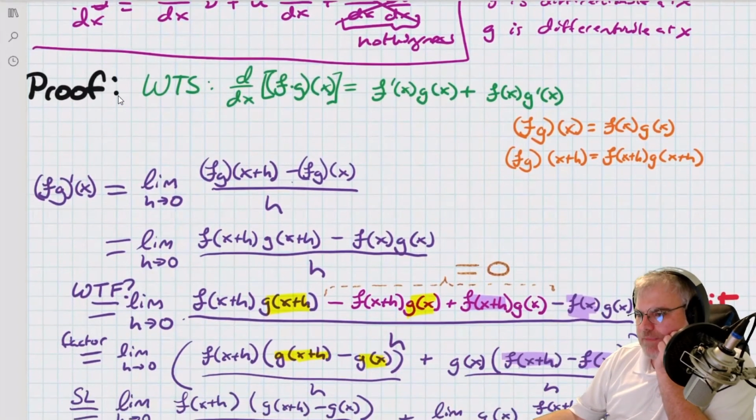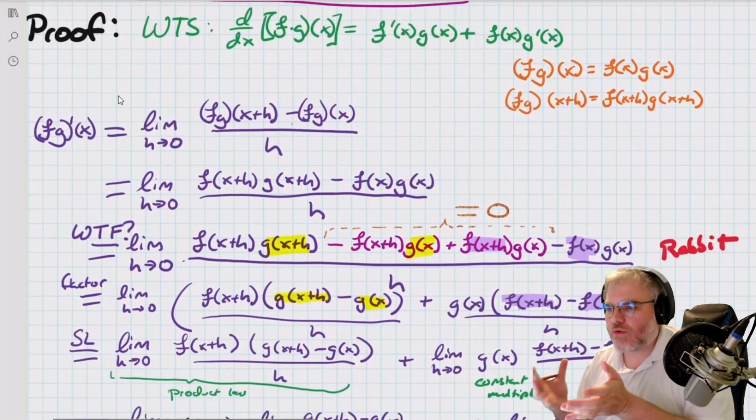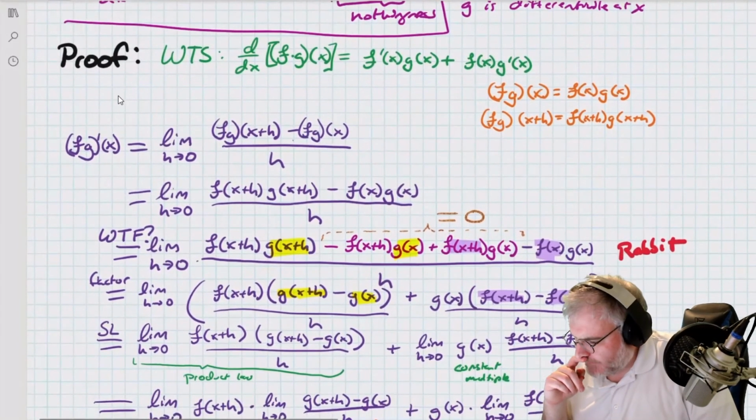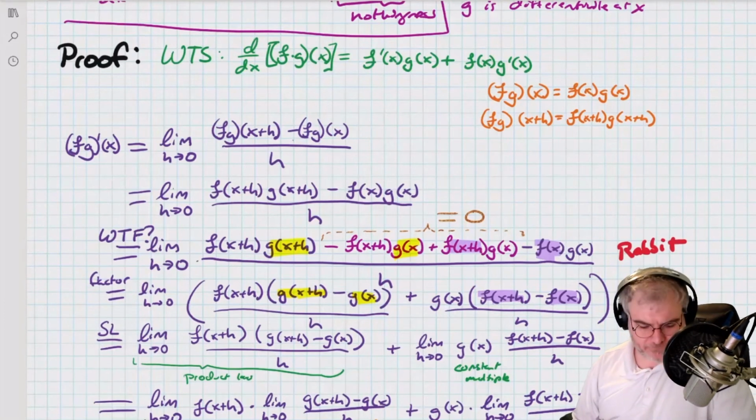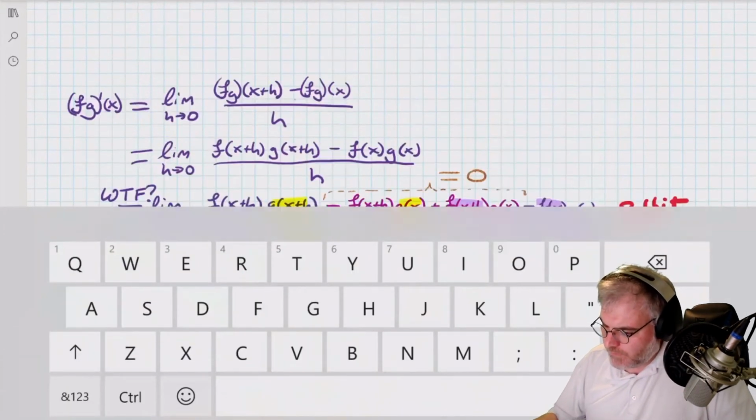So the key step here was this rabbit. I just have to know that piece, right? So when I do my strategy, I'm going to have to say that piece. So let's write up my strategy.